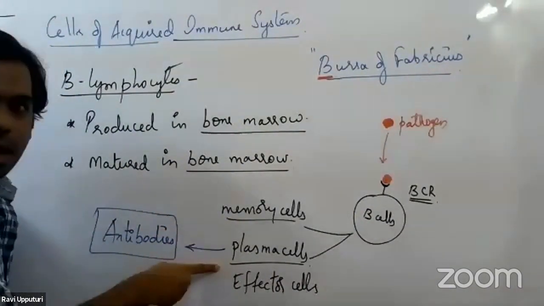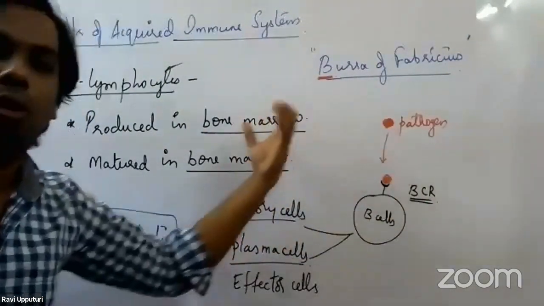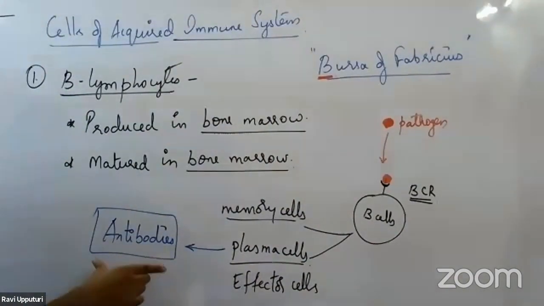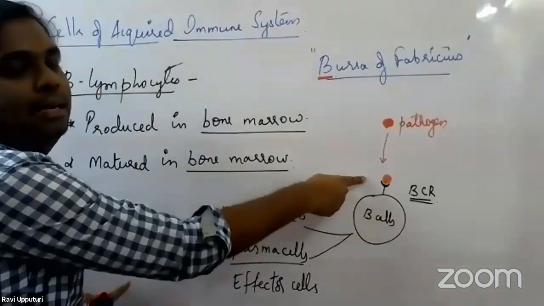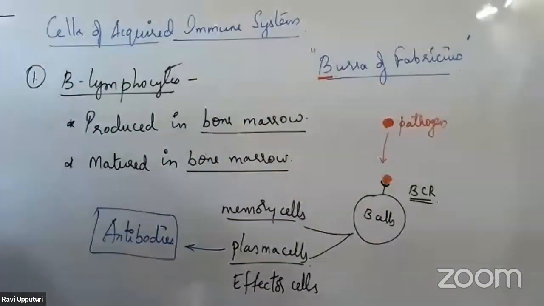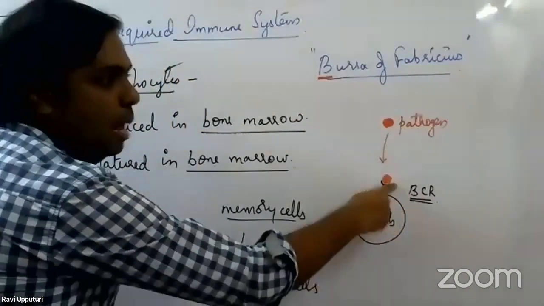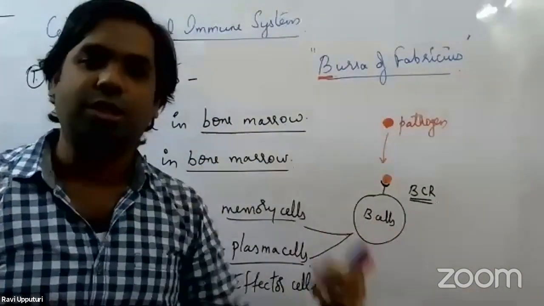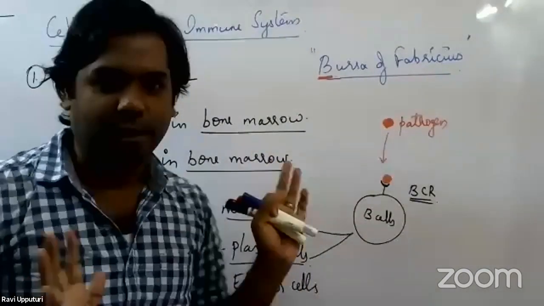The plasma cell, based on the type of antigen that has entered into the body, will start producing specific antibodies against that specific antigen. Now, this antibody will go and start targeting this pathogen, and it would bring about the destruction of the pathogen that has entered into the body. That's how the B cells usually work.